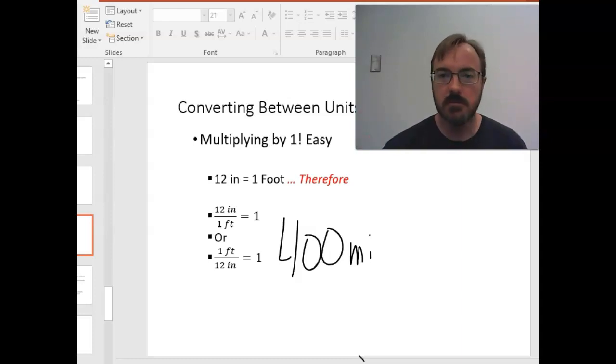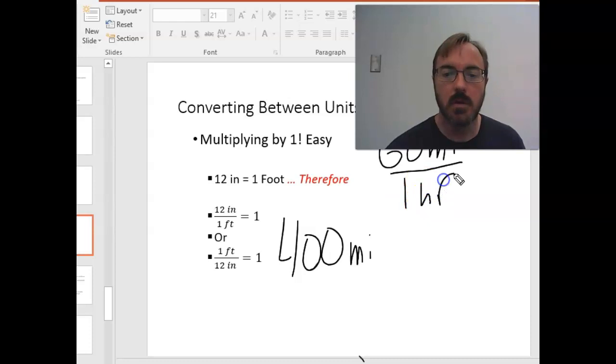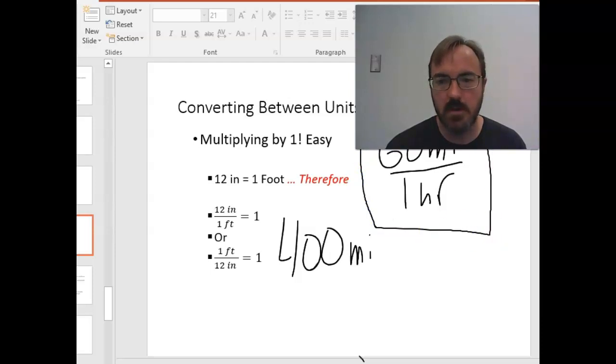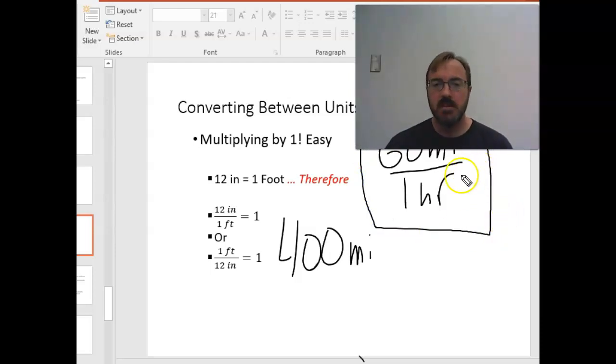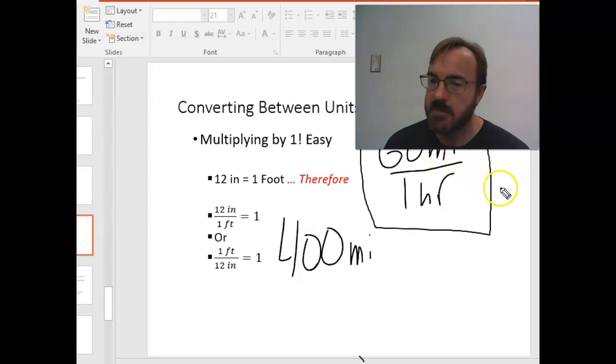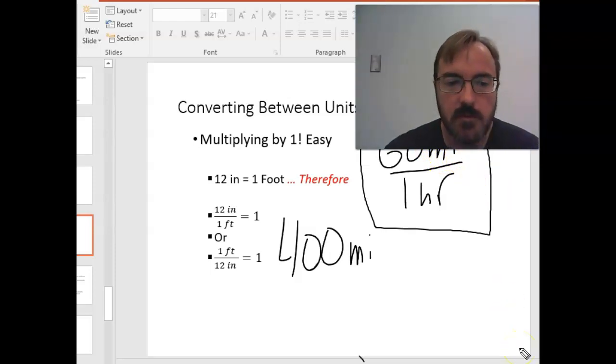We're totally used to just doing miles per hour for these. So that would be 60 miles over 1 hour as my conversion factor. But you can see the way we normally write it is not the way we want it. All right. In this case, miles is on top, and it's not going to cancel out. And so what you do in this case, just like we did for the units over here with distance, is you just flip that over.